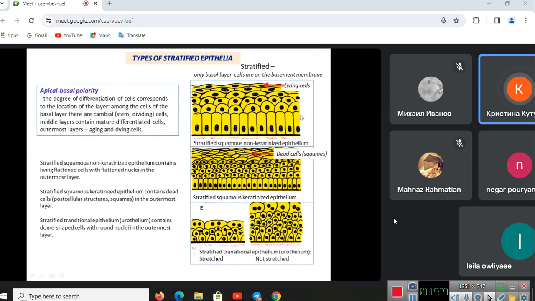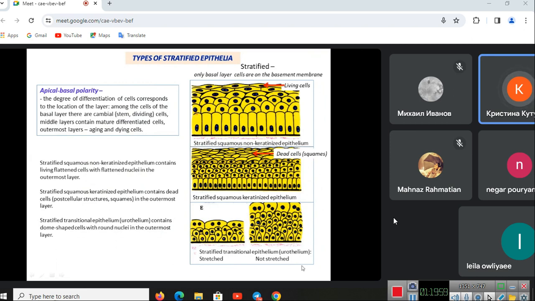Stratified squamous non-keratinized epithelium contains flattened living cells with flattened cell nuclei in its superficial layer. Stratified squamous keratinized epithelium has dead cells, squames with no cell nuclei in its top layer.